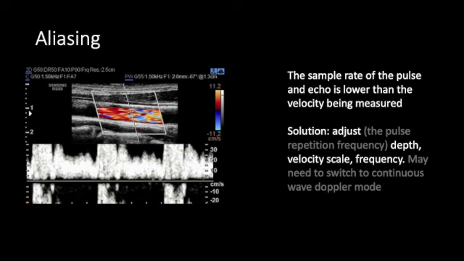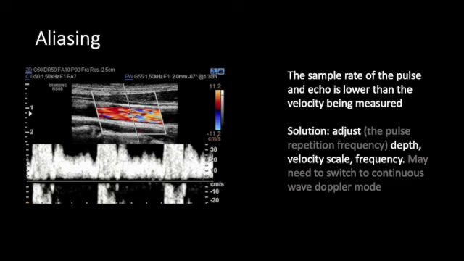And the easy explanation of why aliasing occurs is because there's a mismatch between the velocity of the flow being measured and the settings on the machine or the scale on the machine to measure that flow. And so basically you need to adjust your machine settings to prevent this from happening.